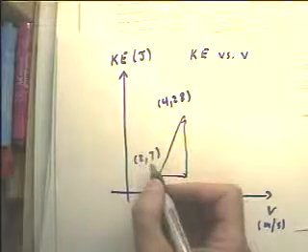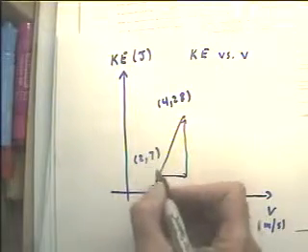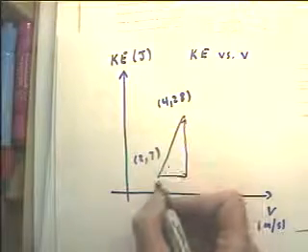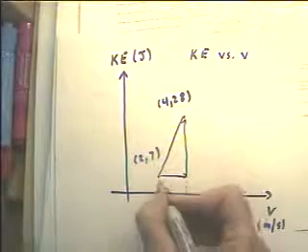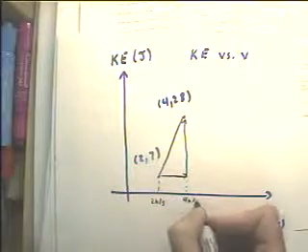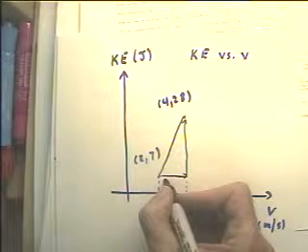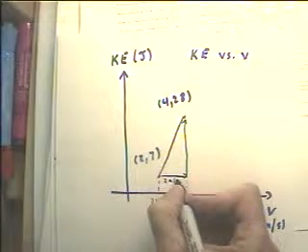Now if the points are (2, 7), that means that we have a run from 2 to 4. That's 2 meters per second to 4 meters per second. Okay, that's a run of 2 meters per second.